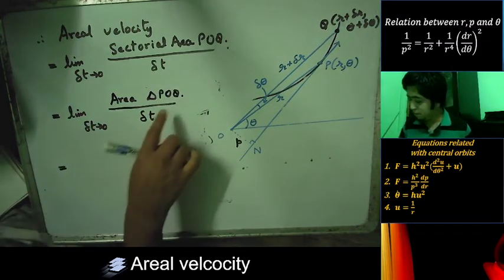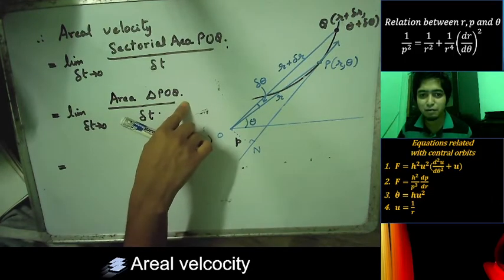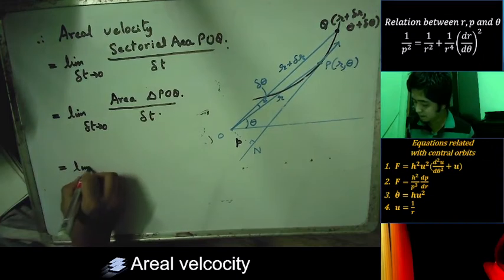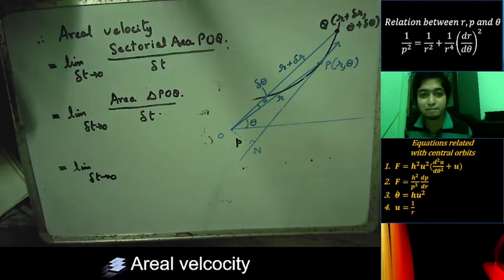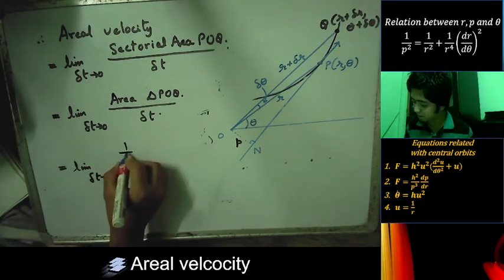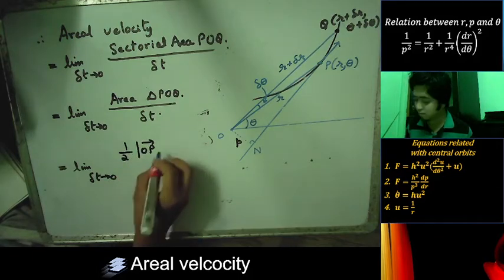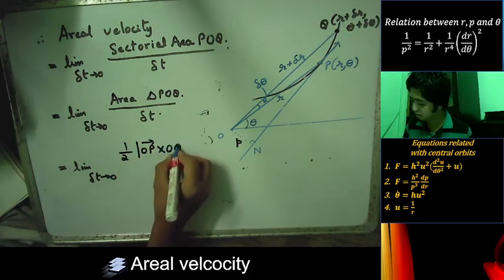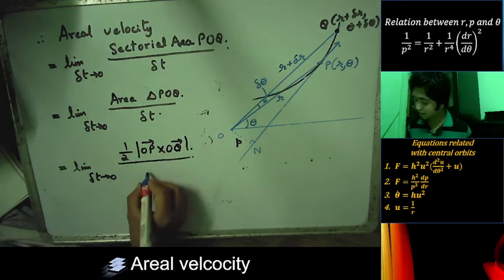Some of you may not remember what the area of triangle POQ is, but just know that we can even use vectors over here. If you remember, it will be the magnitude of OP vector cross OQ vector divided by del t.